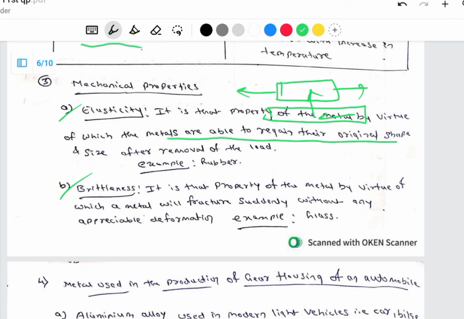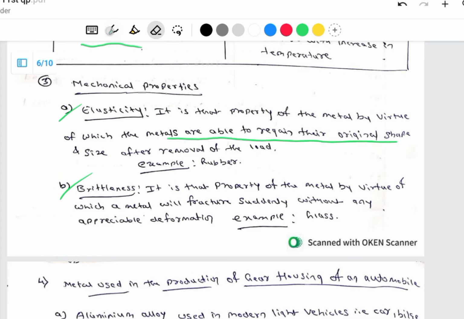The less time a material requires to regain its size, the more elastic the material is. A material which requires more time to regain its original shape is not an elastic material. Elastic means the original shape will be acquired quickly. So the important point is that metals are able to regain the original shape and size after removal of the load.